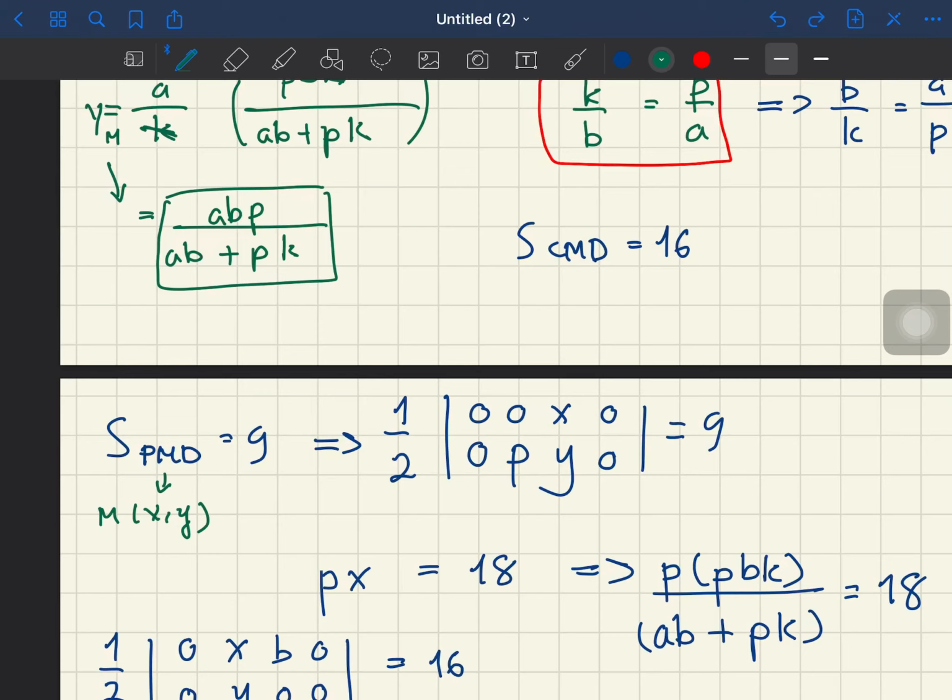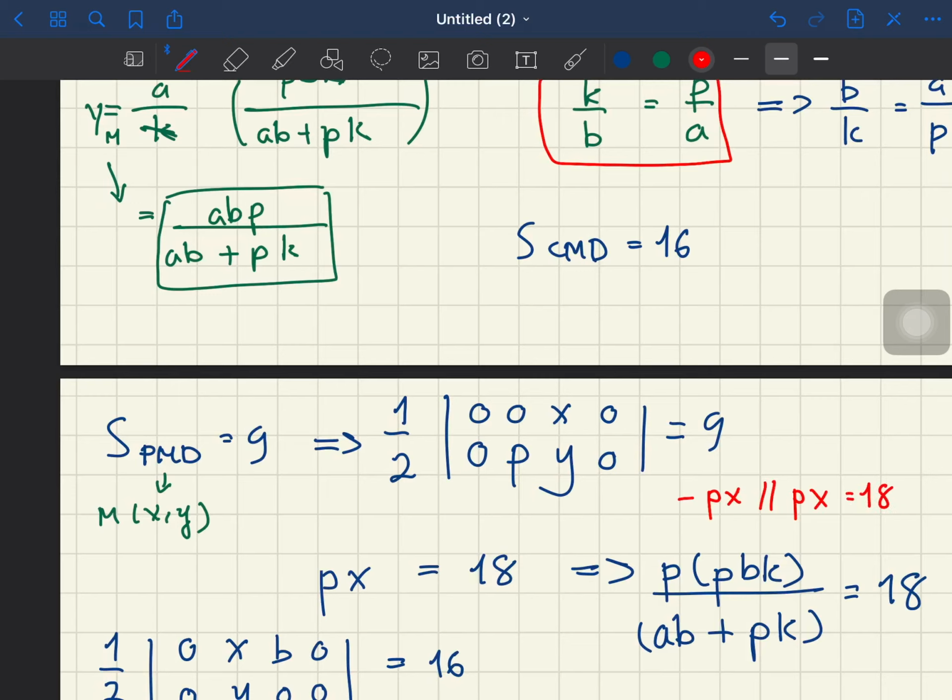And then I suppose that you all know how to use this area formula, the cascading formula, shoelace formula, whatsoever, and you will be able to obtain two solutions, which are negative PX or positive PX equals 18.